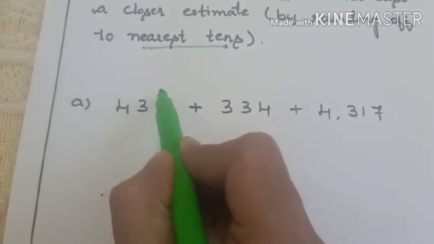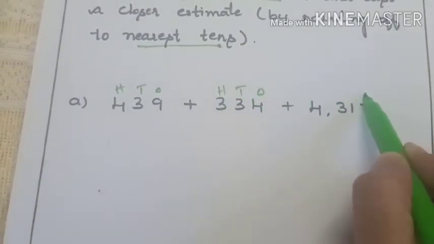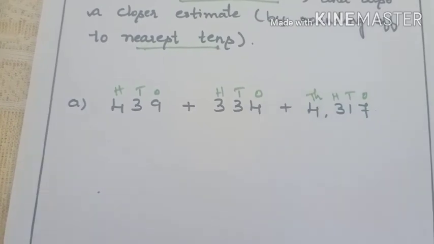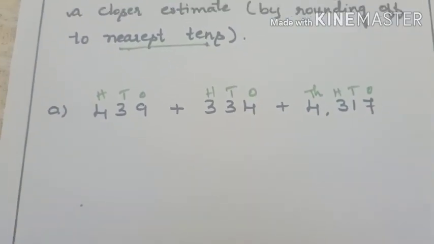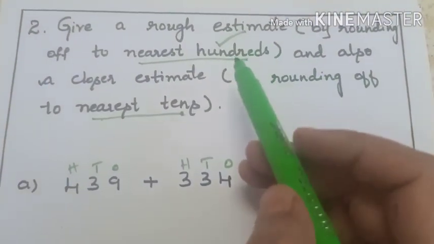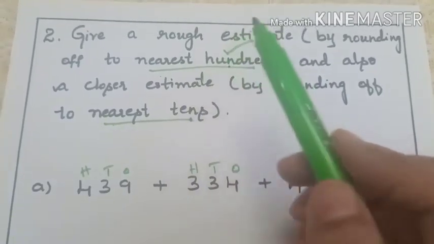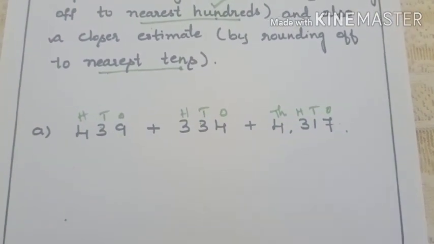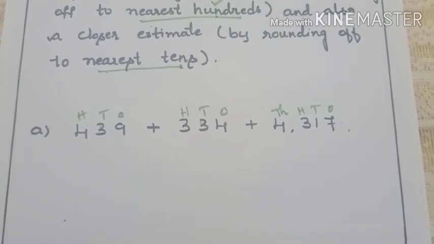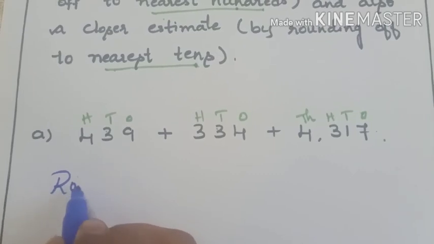See, ones, tens, hundreds, ones, tens, hundreds, ones, tens, hundreds. Here we will not consider the highest place value because it is already given in the question to round off to the nearest hundreds. So all the three numbers should be rounded off to the nearest hundreds.